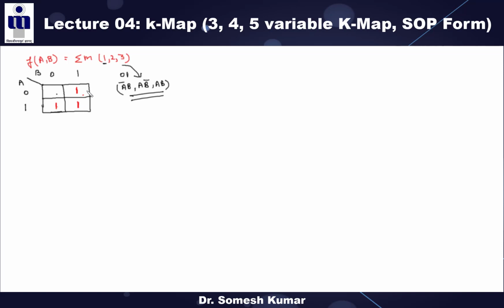Now to solve any K-map, there is one standard procedure, right? The procedure is this. In any K-map, first you have to see if there is a possible octet. Octet means 8 terms together, with a 1 bit difference among the 8 terms, right? Clear?